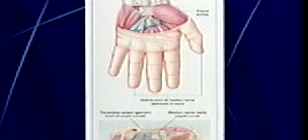And here's a diagram of the carpal tunnel cut through the wrist. And you can see the median nerve and the transverse carpal ligament. And when there's a compartment and compression occurs, you can actually get carpal tunnel syndrome.